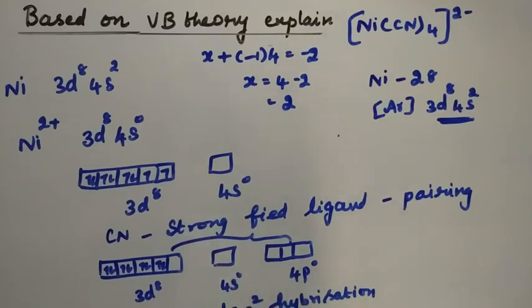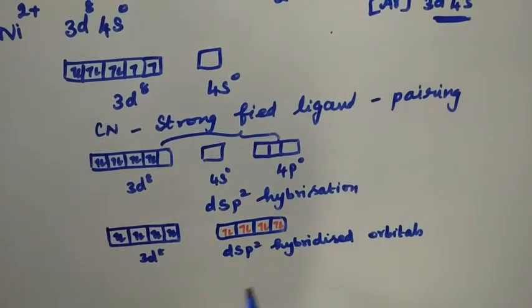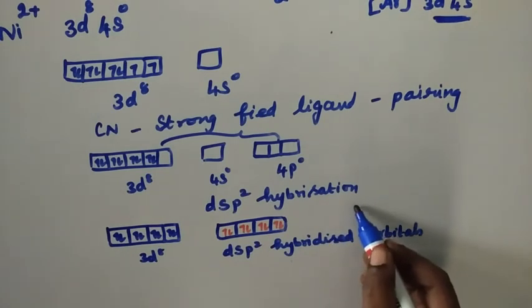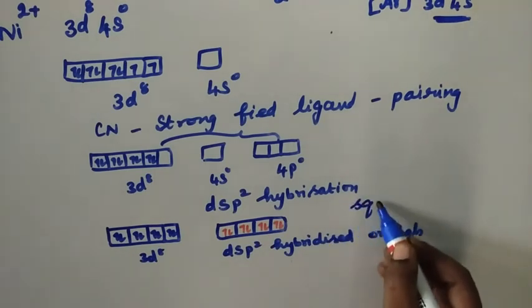These vacant orbitals are hybridized to 4 new orbitals. So dsp2 hybridization takes place, and the cyanide ligands occupy the orbitals. The geometry is square planar.